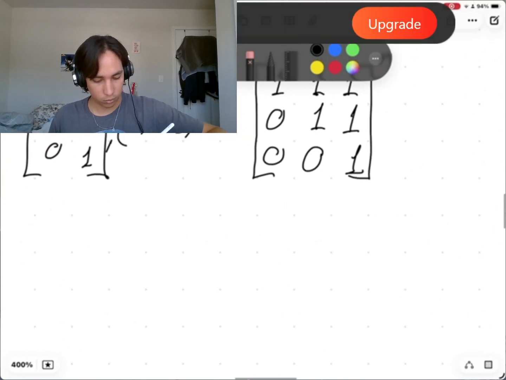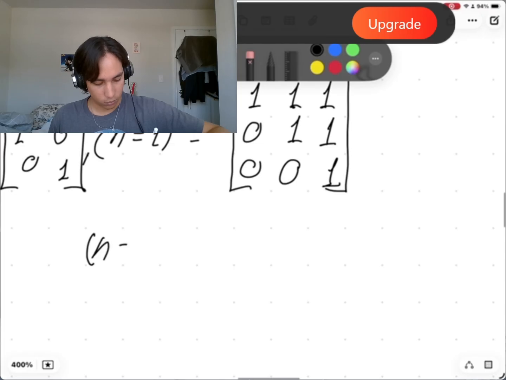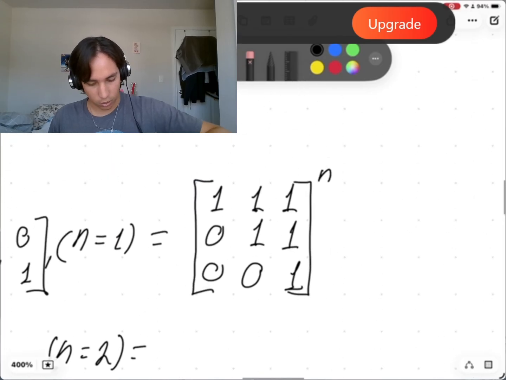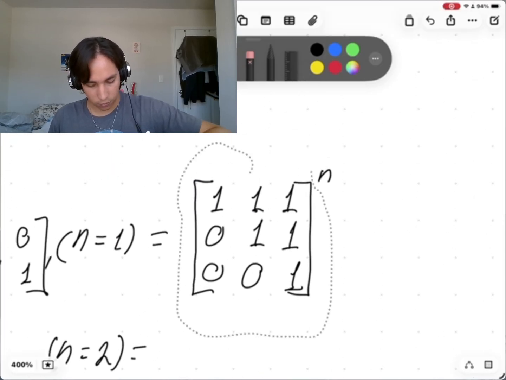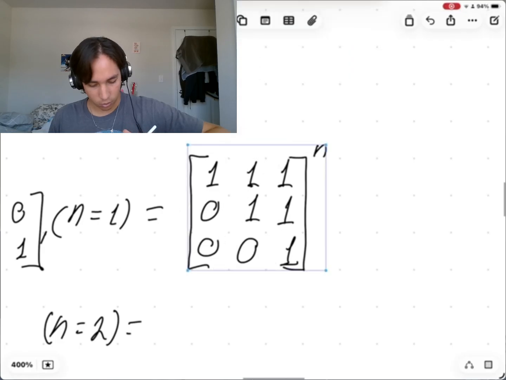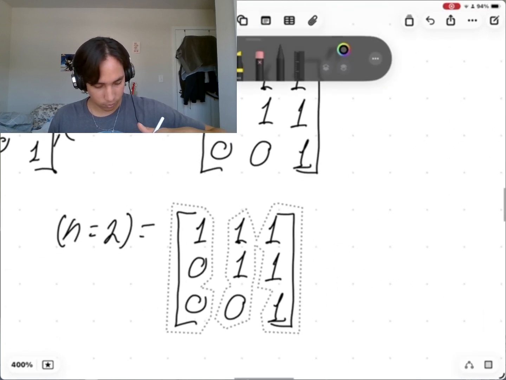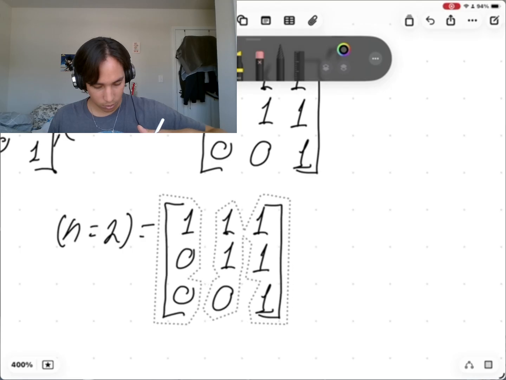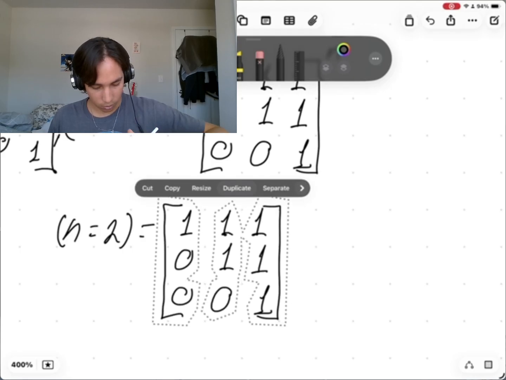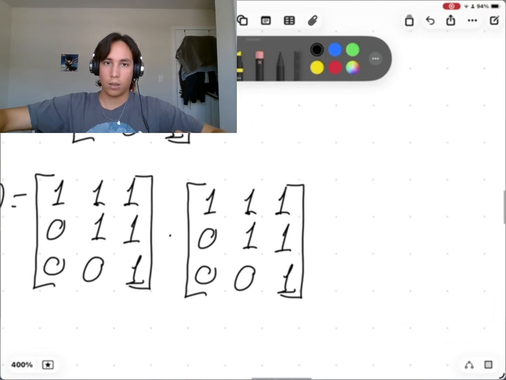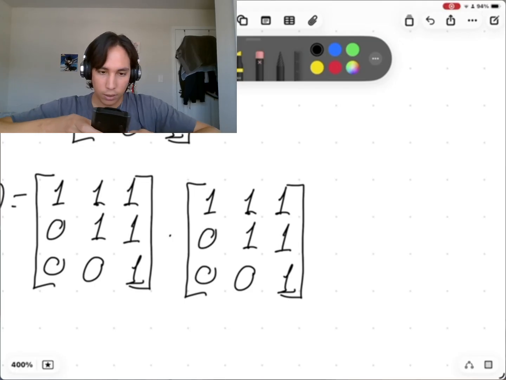For n equals 2, it is this times itself. Duplicate. There we go. Times itself, and this is a 3 by 3, luckily, so my calculator can do that.